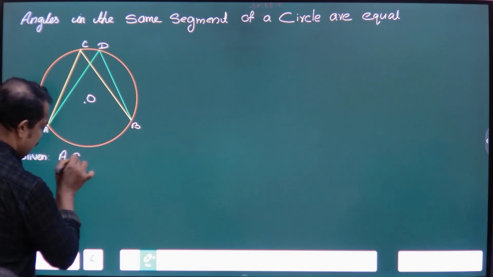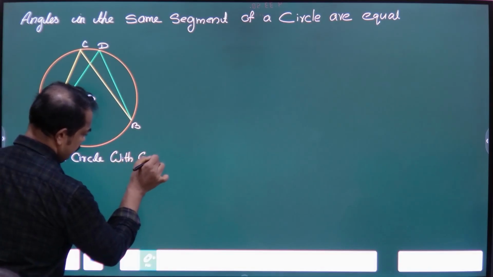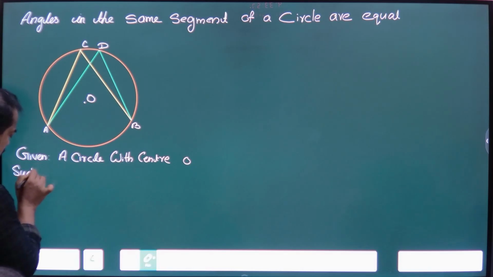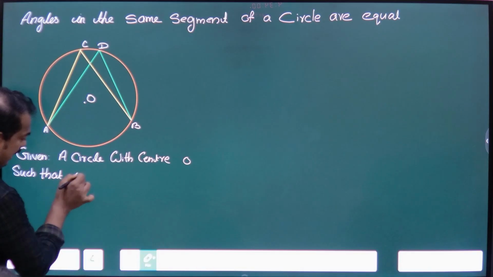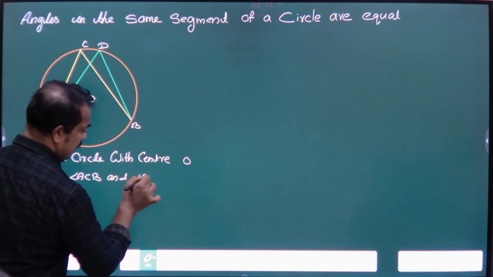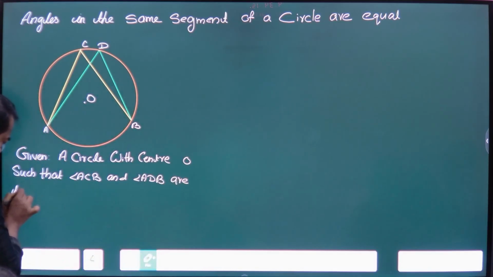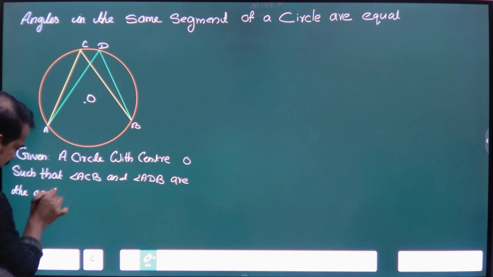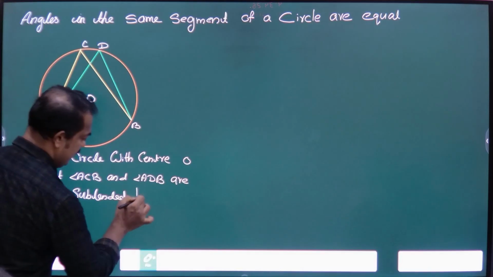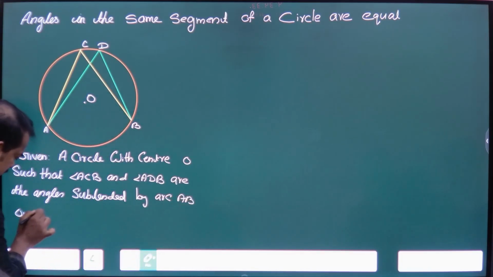A circle with center O, such that angle ACB and angle ADB are the angles subtended by the arc AB on the circle.